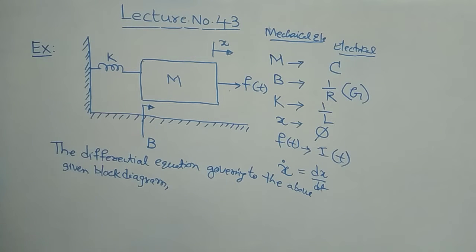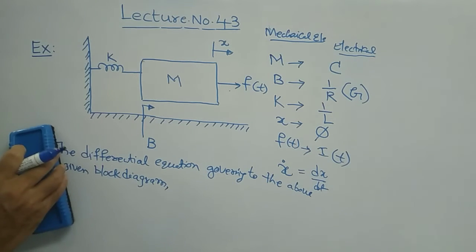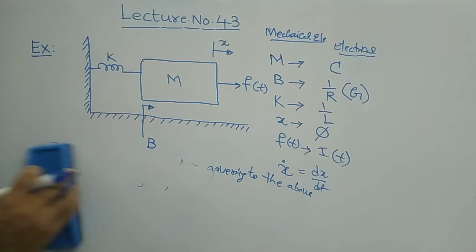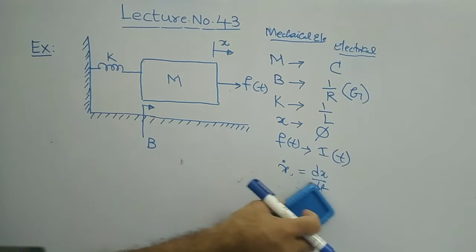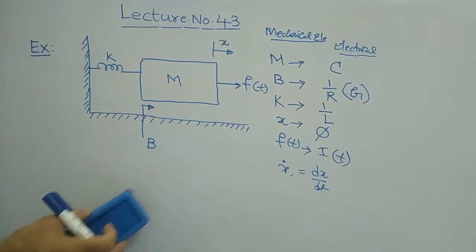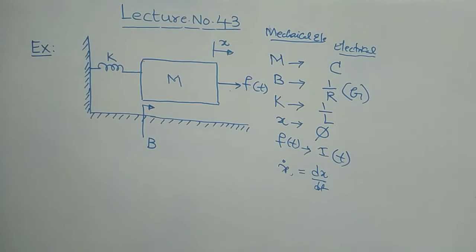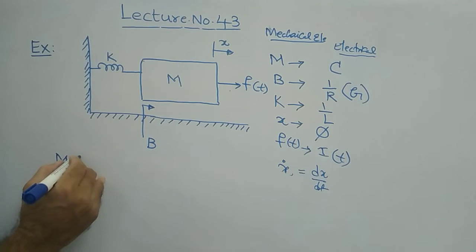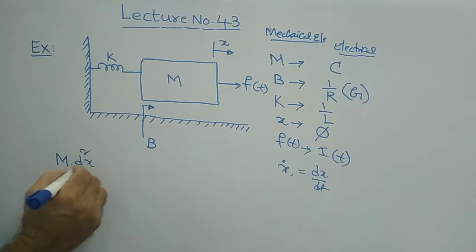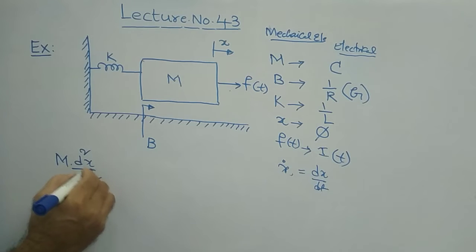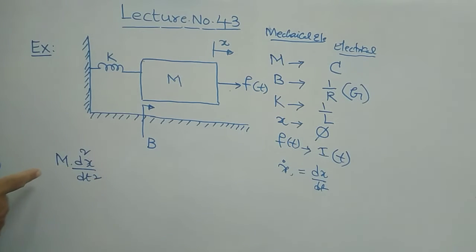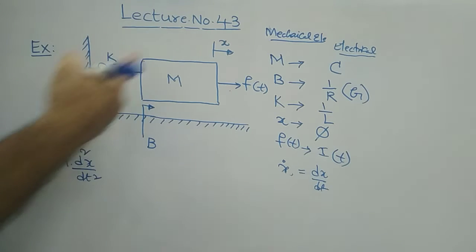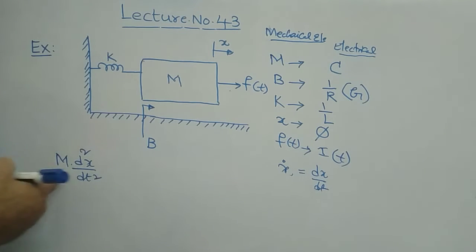What will be the differential equation for this? If you write it, it is m into d square x by dt square, because the mass element offers an opposing force.